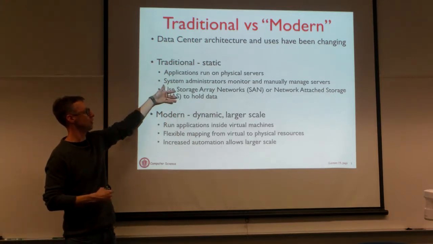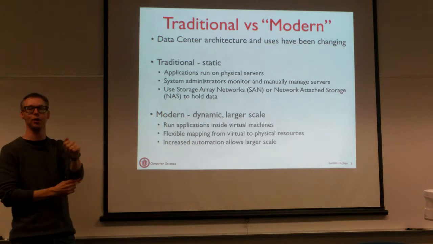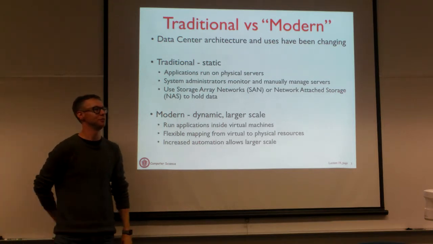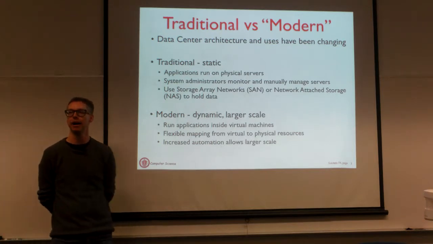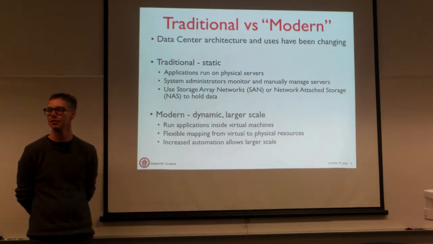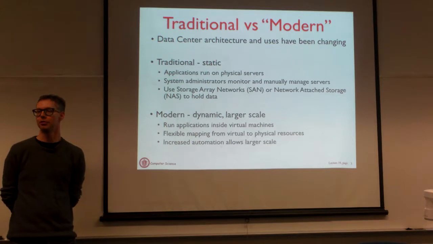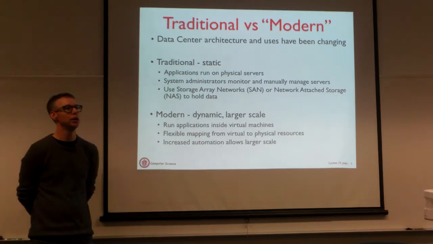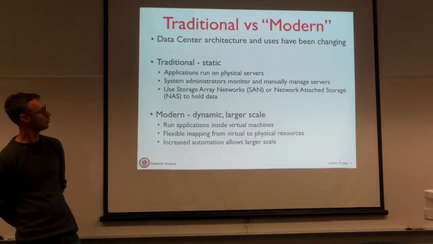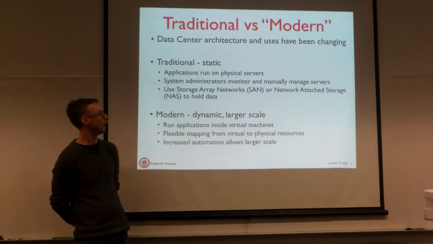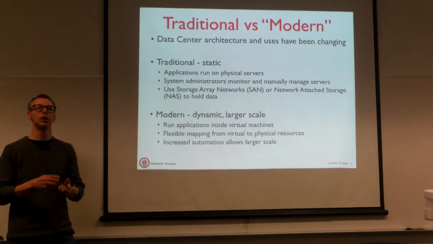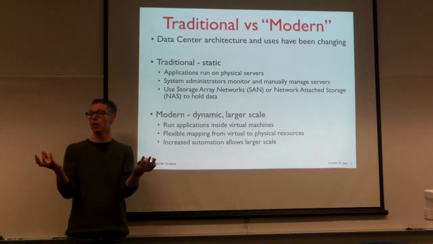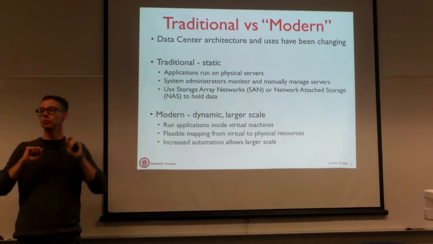Does anyone know the difference between storage area networks and network attached storage? If you guys talked about file systems and disks, maybe you won't in a distributed operating systems class, I actually don't know. Both of these provide the illusion of a common storage substrate for a large number of computers, right?